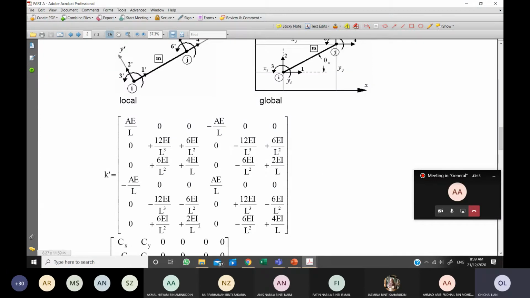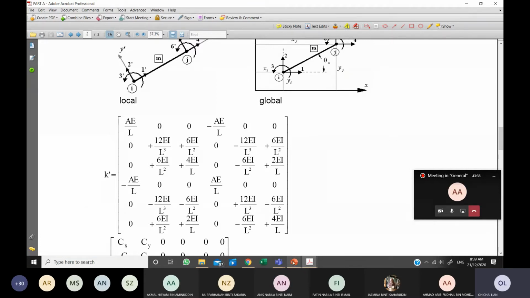I'm going to use this as the main source to tell you the K prime for beam and also K prime for truss. It is all here.